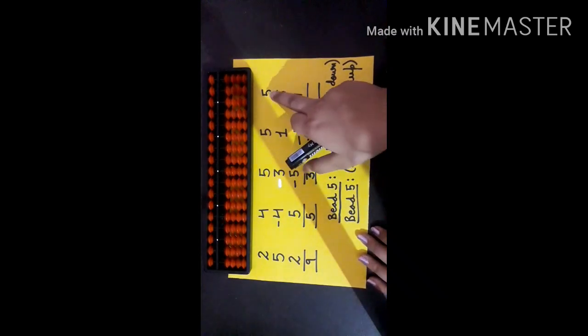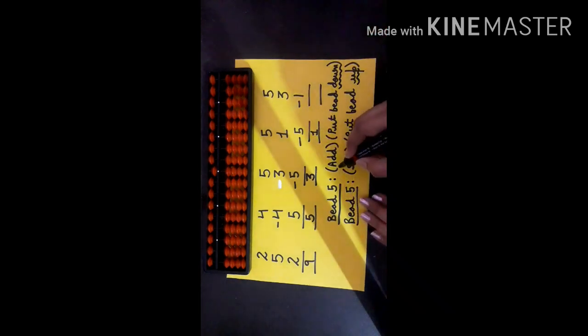Understanding, students? Now kids, this is your last sum. Do with me. The first is 5. Add 5. Down. See, add 5 down. Down I have done.